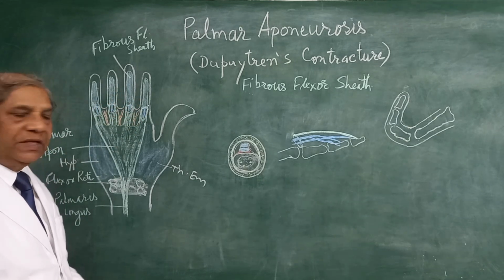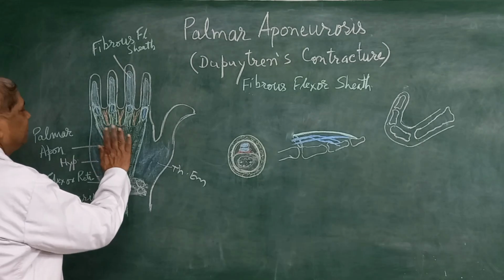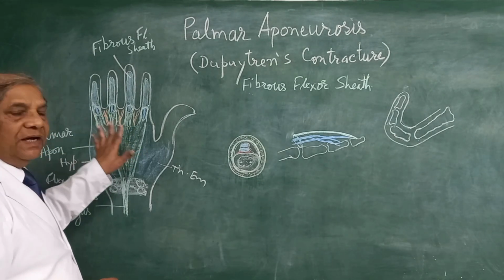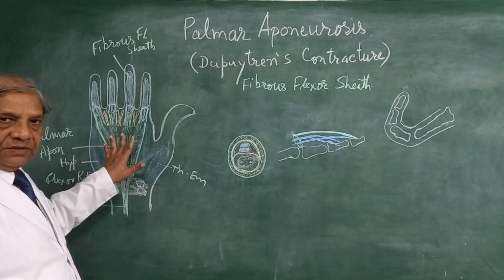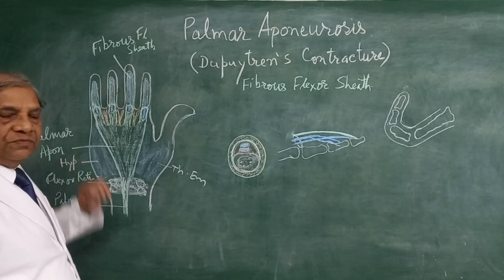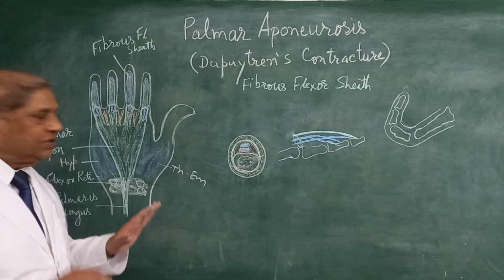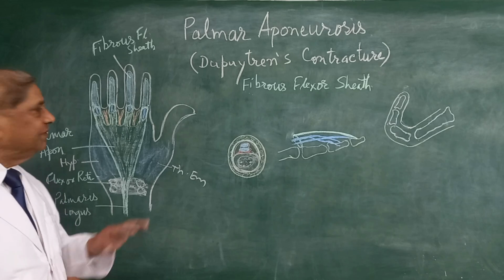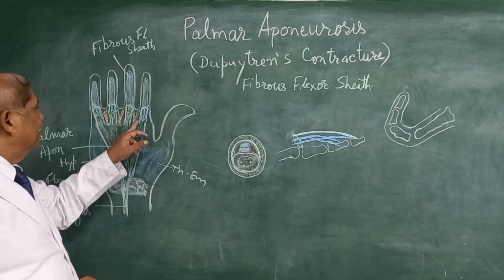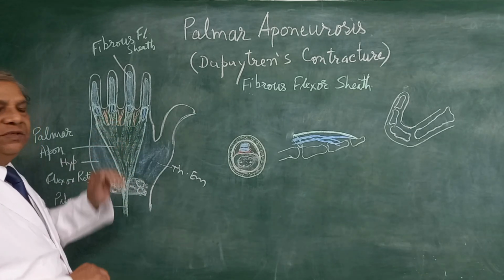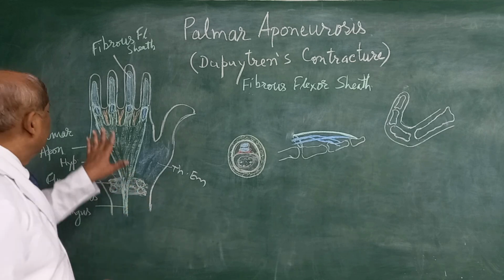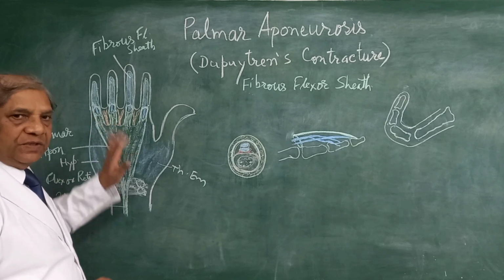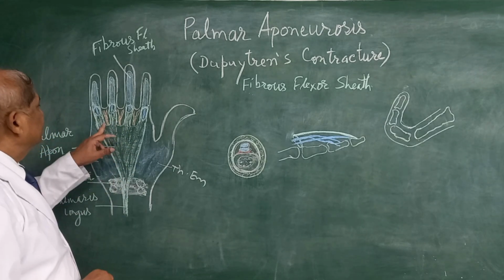So whatever is lying deep to the palmar aponeurosis are the long tendons of the flexor digitorum superficialis and flexor digitorum profundus, and the branches of the digital vessels and nerve. These are well protected just deep to the triangular palmar aponeurosis. So one of the functions is to protect the deeper structures.